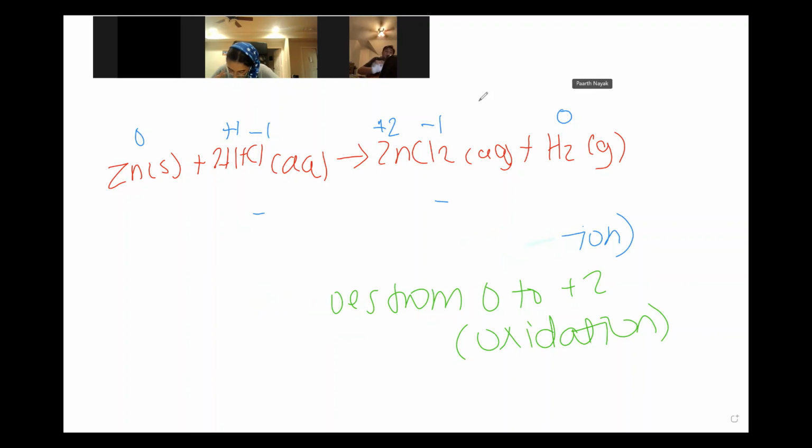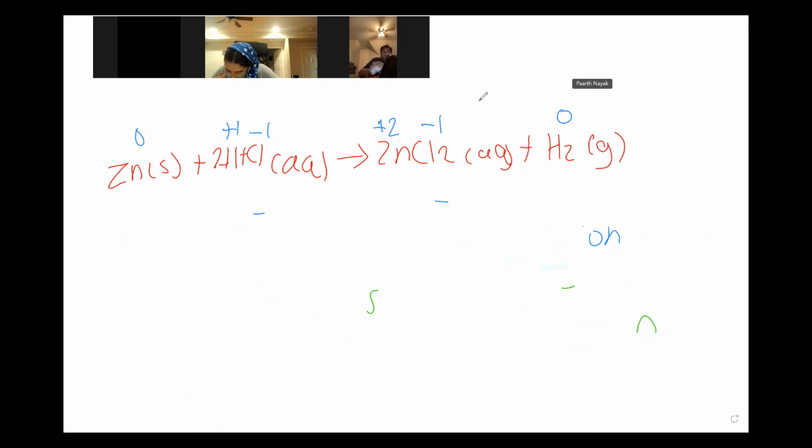Okay, so you also mentioned that we could make this a net ionic equation. So if we disregard all the charges and oxidation and let the test ask us to just make a net ionic equation, which is overly simple: Zn has no charge, it's a solid.